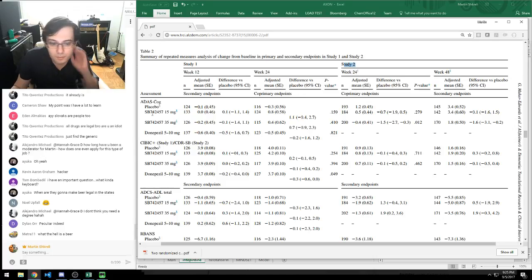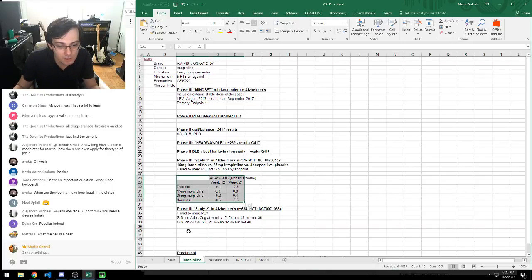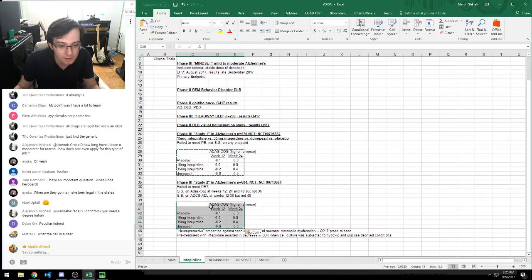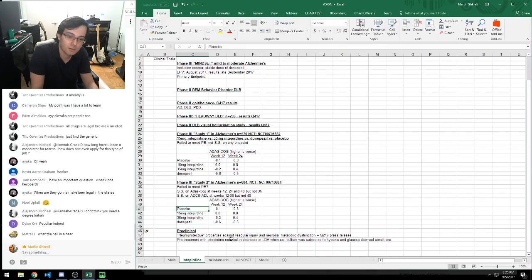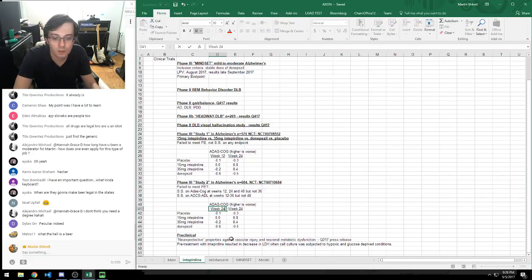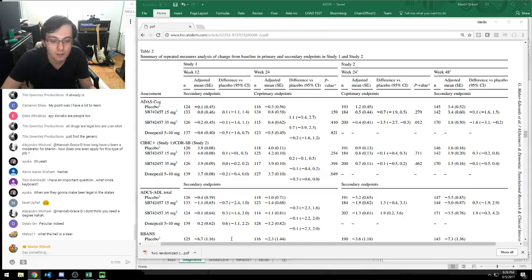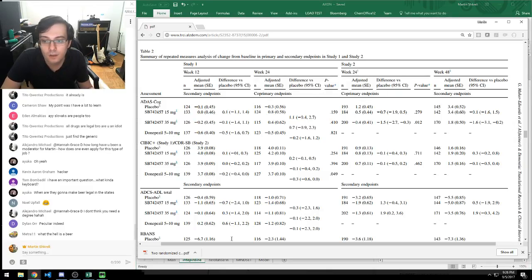There's study 2. We had placebo, 15 mg and 35 mg, and no donepezil active control. Everyone's on donepezil, right? So let's copy this, paste it, a little copy pasta. We got week 24 and week 48, no donepezil. Let's see what the data is here.